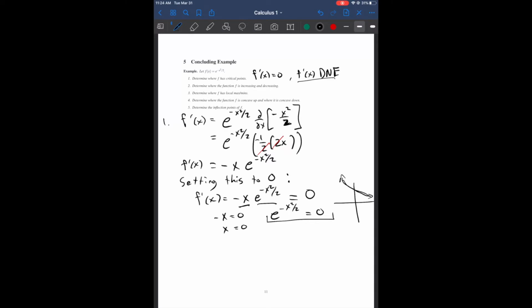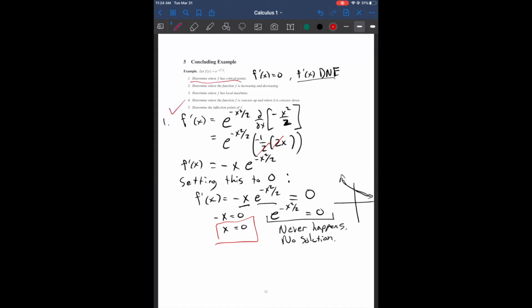That's the point here. So this never happens, right? Okay, so there's no solution here. Okay, so that means the only solution that I get, the only critical point I have is this one right here, right? At x equals 0. Okay, so that's this part right here, right? So we've done number 1.